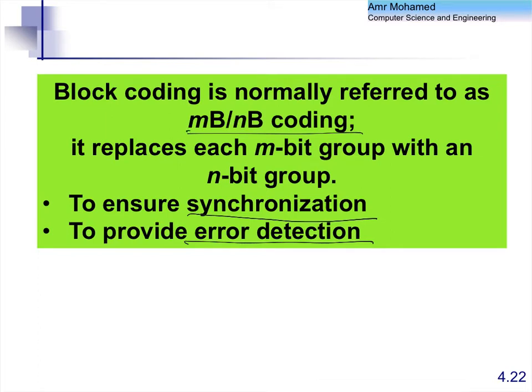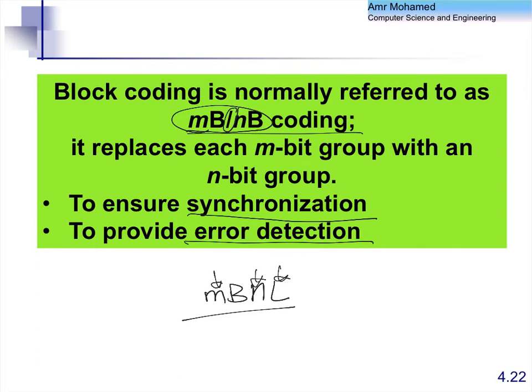So block coding is referred to as MB/NB. And there is a slash here to try to distinguish between this and the multi-level. So in the multi-level, we had M, B, N, L, right? So this is the multi-level scheme. So depending on changing M, changing N, changing L, we have different schemes, like the 2B1Q, which is what we talked about.